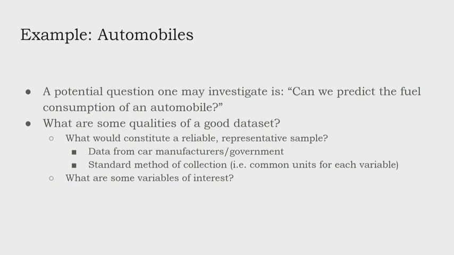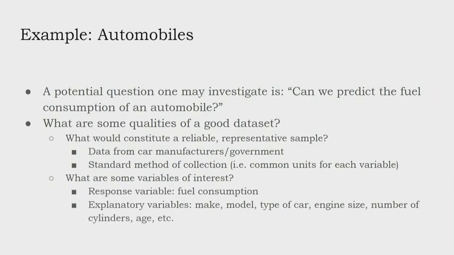To talk about the variables of interest, as you guys told, for fuel consumption a lot of these variables can be explanatory, like make, model, type of car, engine size, number of cylinders, age. For example, as the vehicle gets older and older, it will obviously not be that efficient, and the mileage will decrease.